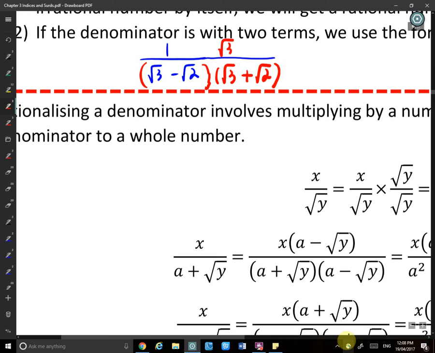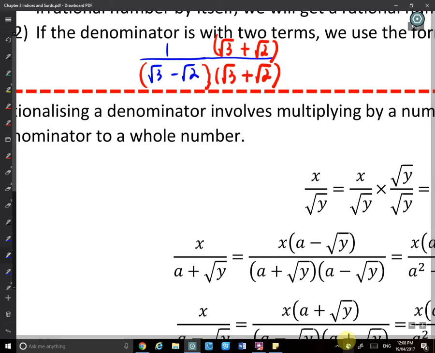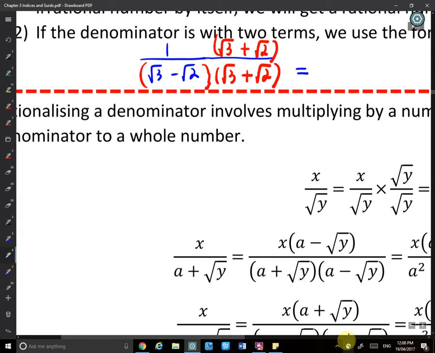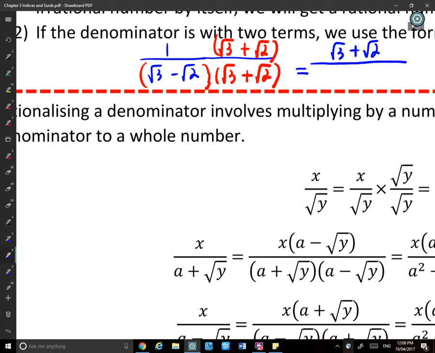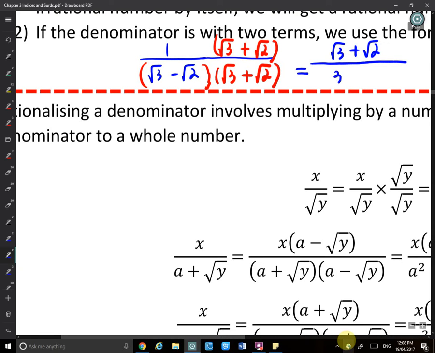And on the top, I will times that as well. So the numerator becomes root 3 plus root 2. What does the denominator become? a minus b times a plus b equals a squared minus b squared. So a squared is 3 minus b squared is 2.